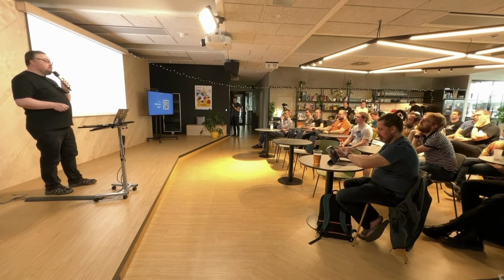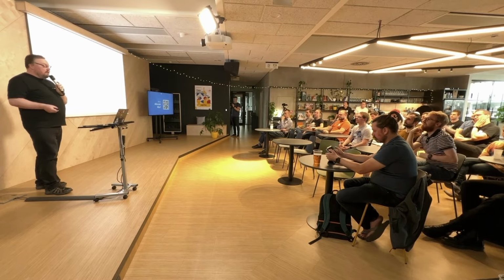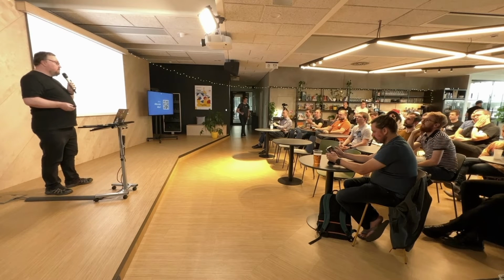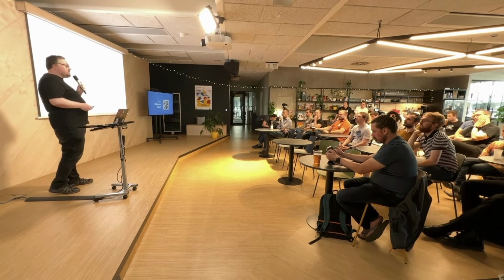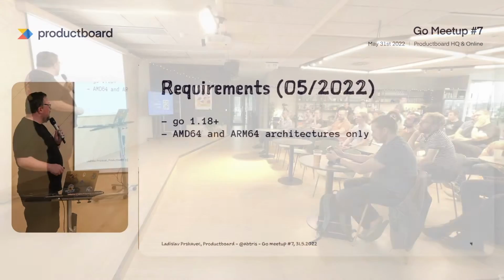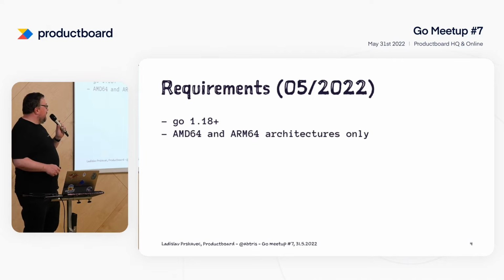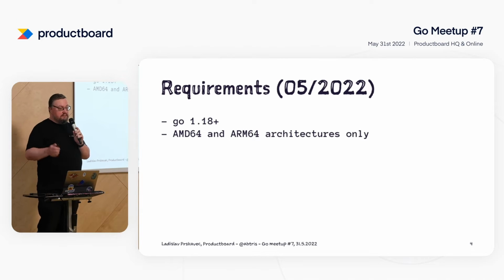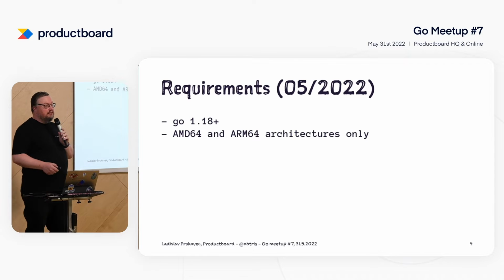What do you need to run fuzz testing? You need Go 1.18, which was the first version with it, and the architecture has to be supported. It's only AMD64 and ARM64. If you're using Sparc or something else, you have to wait for others.